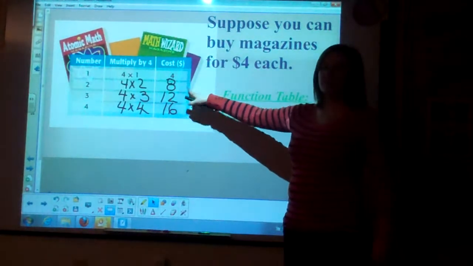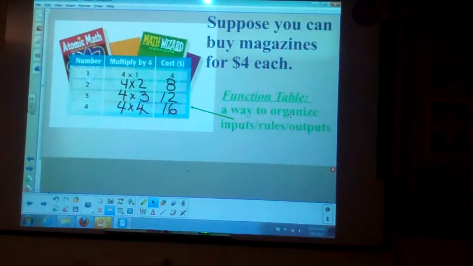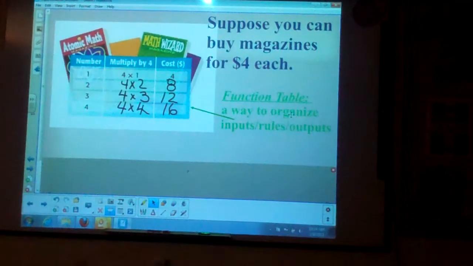This right here is called a function table. I'm going to make that a little darker and bigger for you.